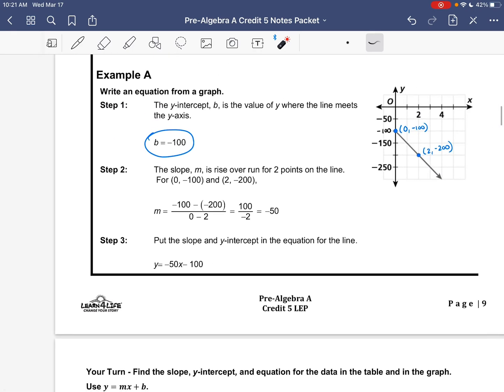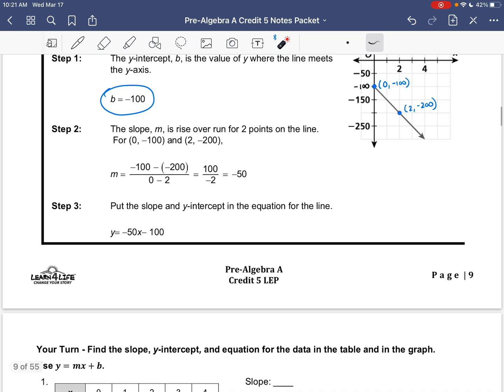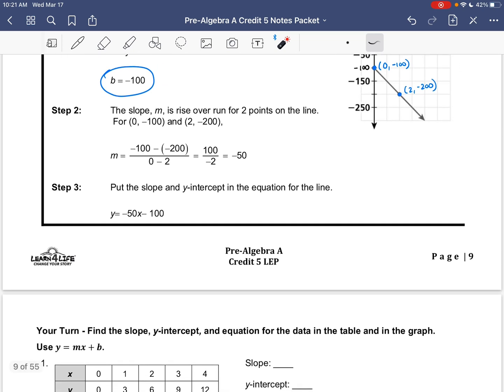So our answer for this one would be y equals negative 50x minus 100. And let me just write the slope equation so you guys could compare. We see that m is negative 50 and b is negative 100.